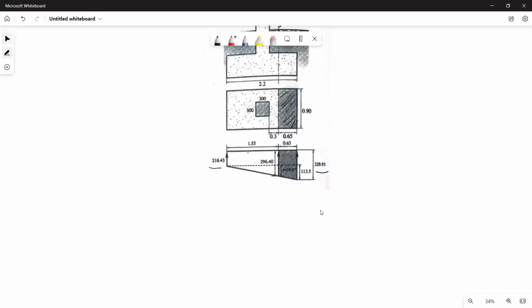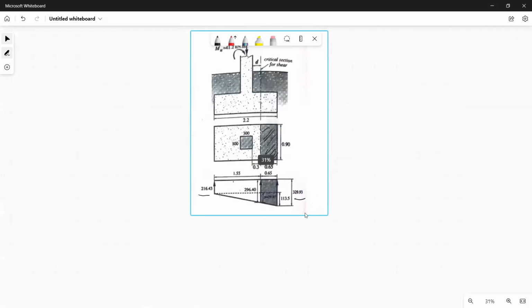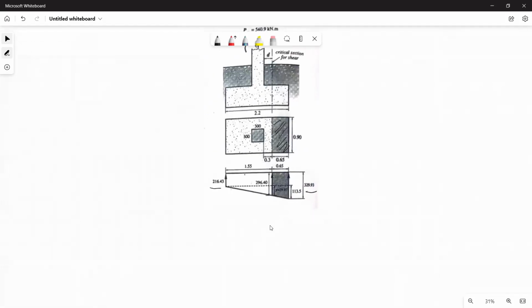So you need to determine the area of your trapezoid, then get the volume, then multiply by the pressure, and you will get your one-way shear force. We will do the same here. So let's get the distances first. These are the distances: 0.65 and 1.55. You can do a linear interpolation. How do we do the linear interpolation?